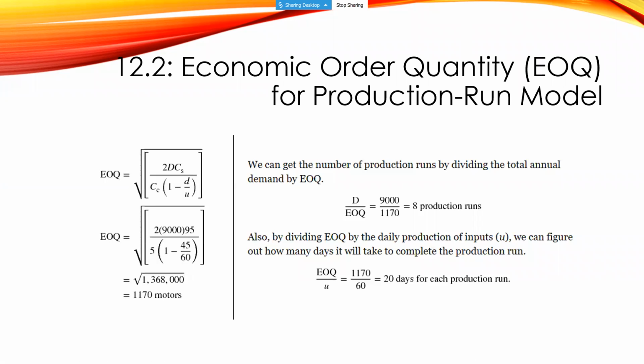We plug those figures into the formula to the left. So 2 times the annual demand times the setup cost divided by carrying cost per unit of inventory times 1 minus 45.